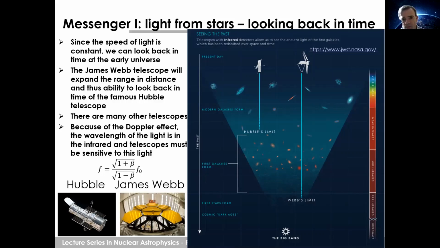And so this telescope must be sensitive to the infrared light. And the further away you are, the shift of the light towards the infrared becomes stronger. So these telescopes, like Hubble and James Webb, and of course many other telescopes, have to be able to look at the infrared light.